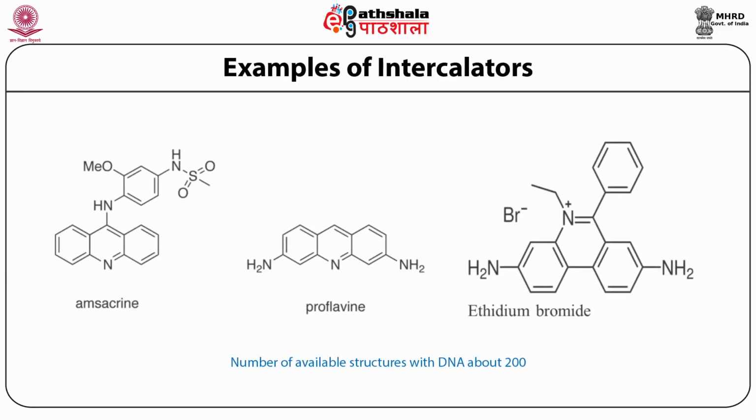We show in this picture three intercalators: acridine, proflavine, and ethidium bromide. There are many more structures of intercalators with DNA available in databases. There are about 200 structures now available, and one can study how these drugs bind to DNA.